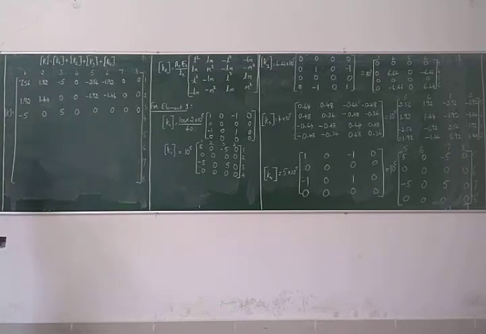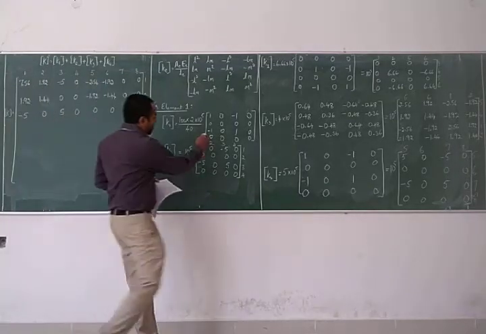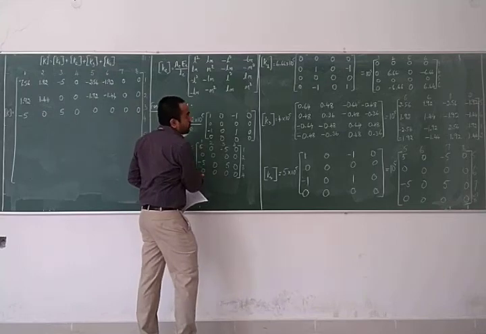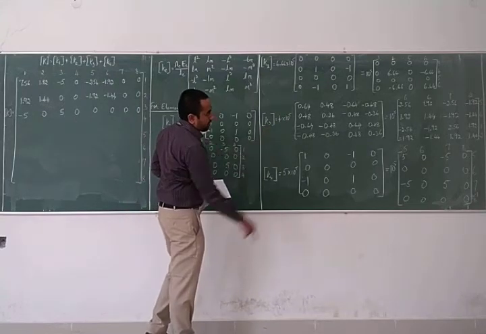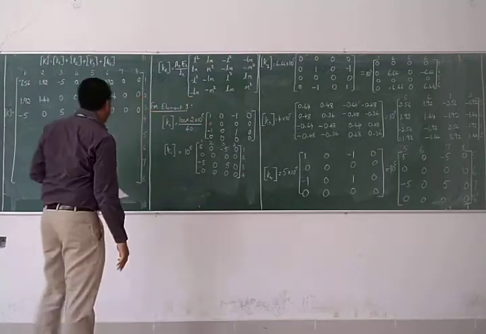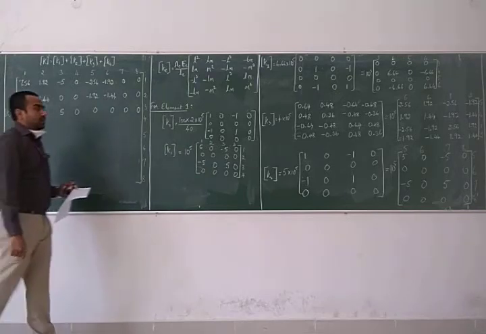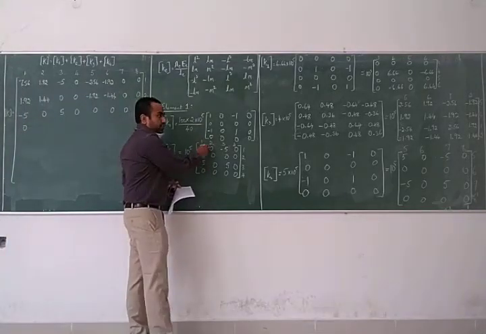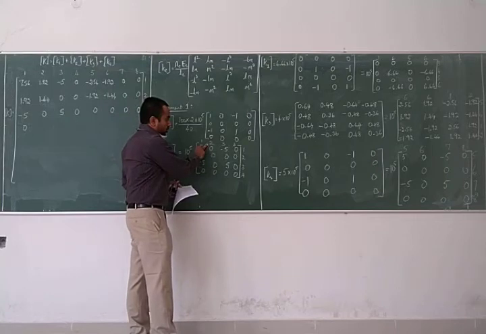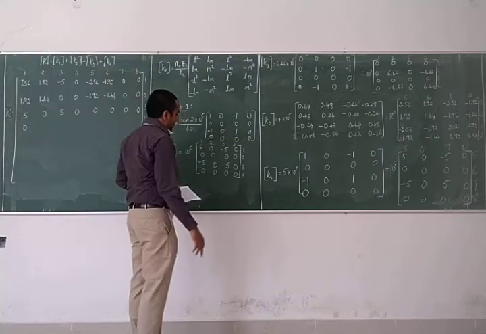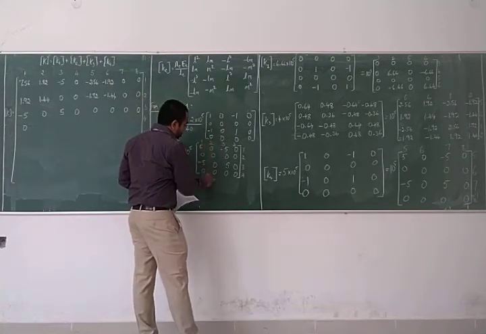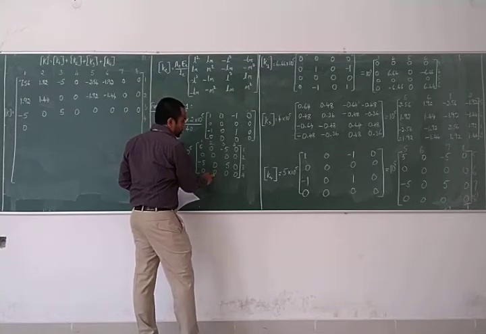Going to the fourth row. First column, fourth row is 0. No other term relates to first column and fourth row. So value is 0. Next, column 2 and row 4. 2, 4 is 0.